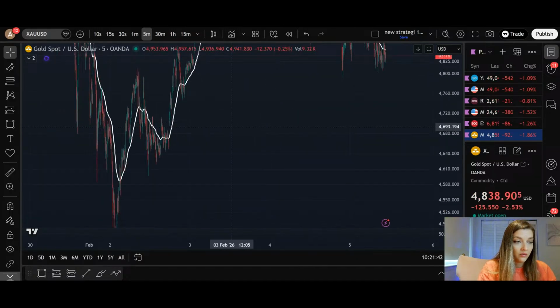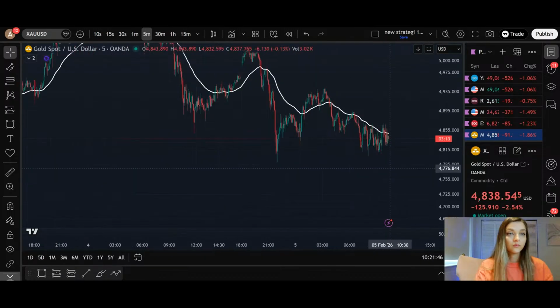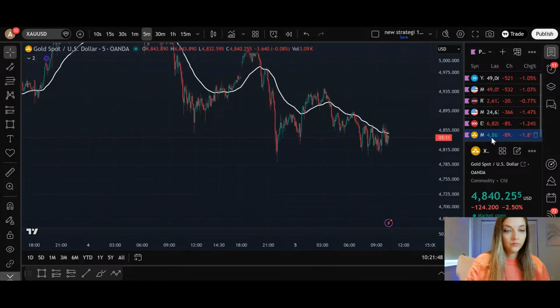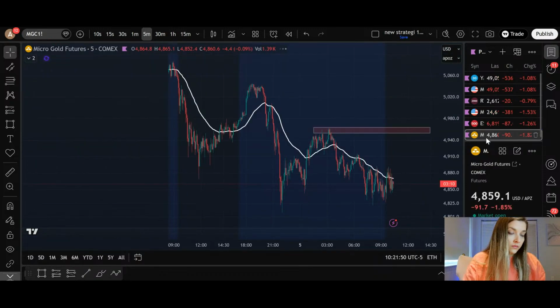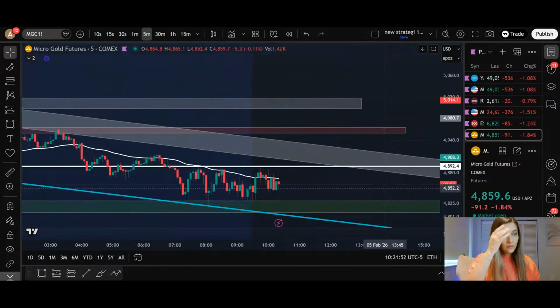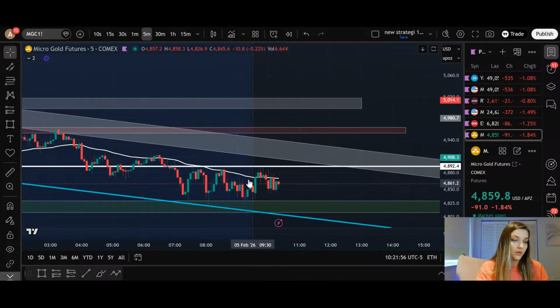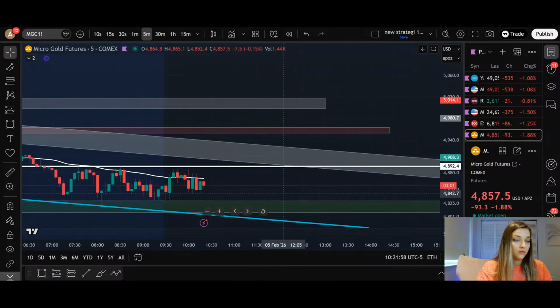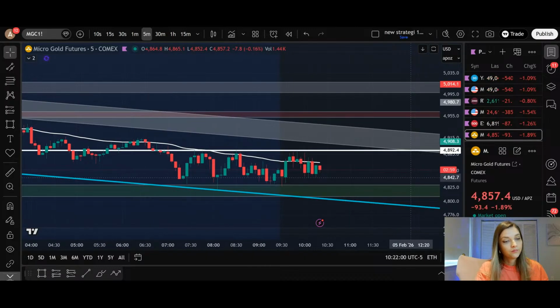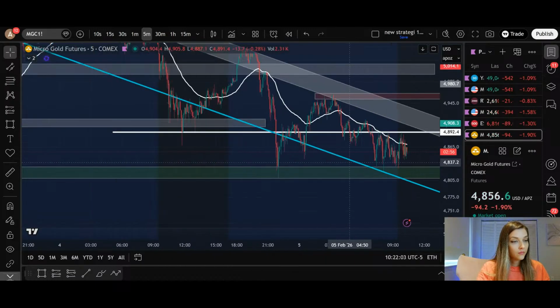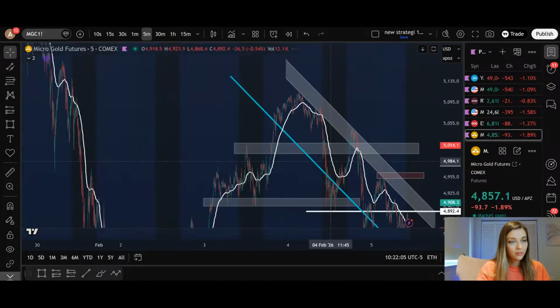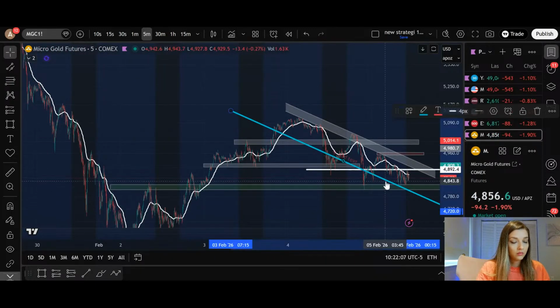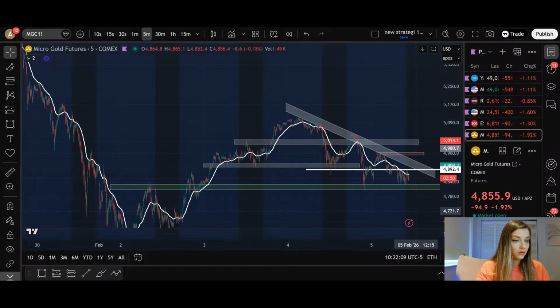So you have this area right here marked. Yeah, right now I don't like how it moves. You can see just up and down here, so I will just stay away. What is this blue line here? Oh no. Delete.